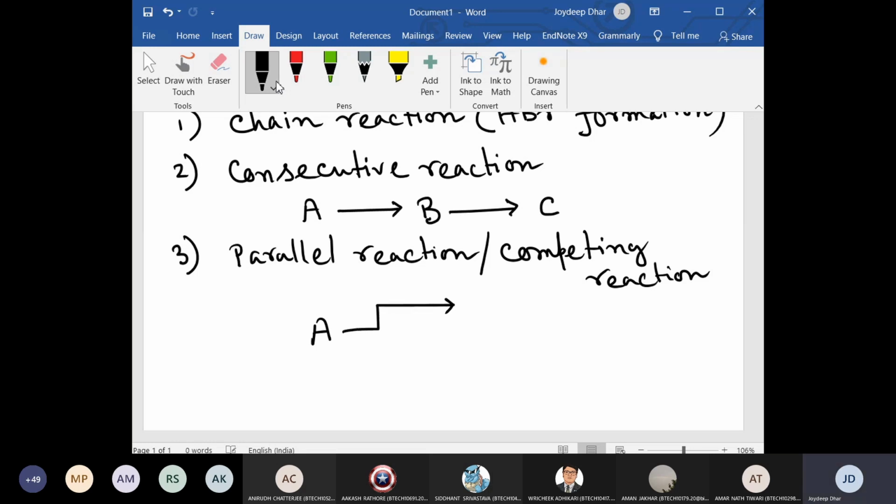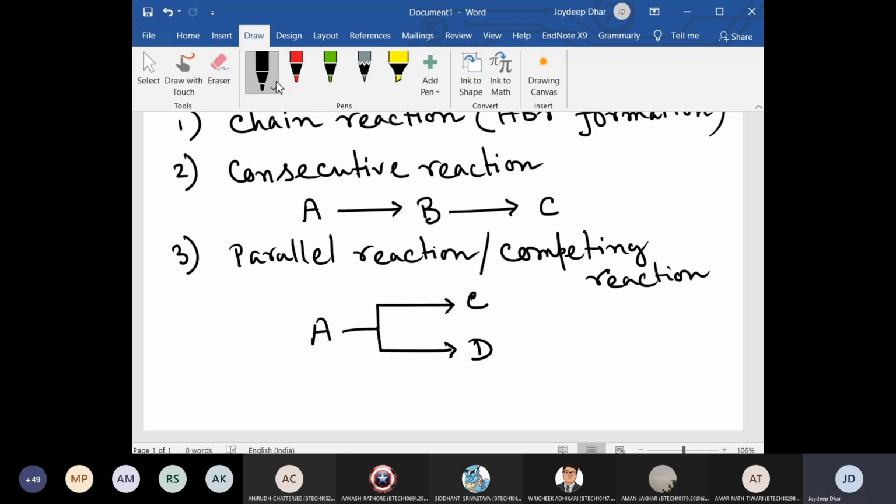A can go to the product C, A can go to the product D. That means 2 reactions are going on simultaneously. More than 2 reactions also can be going on, but I can show only 2 reactions, that is A to C and A to D. This type of reaction or kinetics is known as parallel reaction or competing reaction.